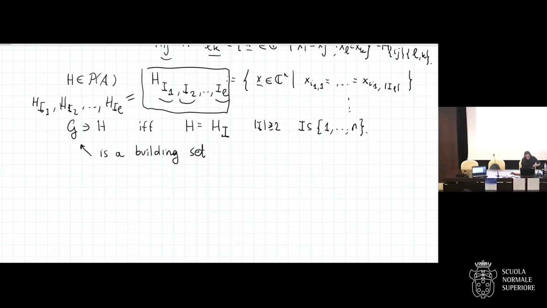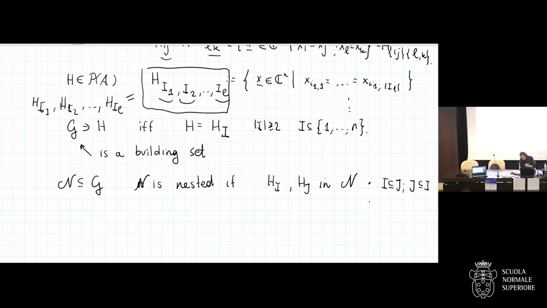Now, as I anticipated, what we are also interested in when studying this poset of intersections is some subsets of G with the property of being nested. And in this case, N is nested if, given H_I, H_J in N, either I and J are one contained in the other, or they have empty intersection.